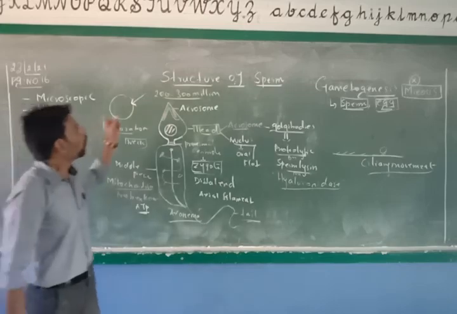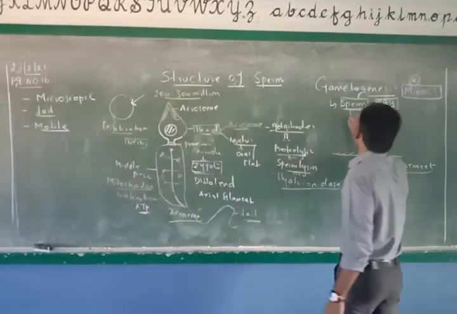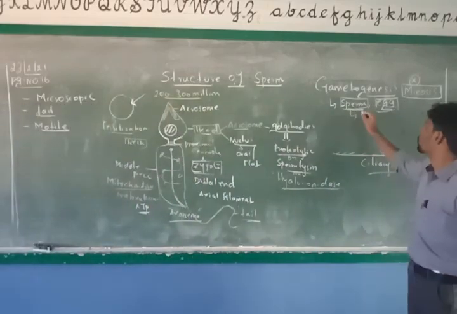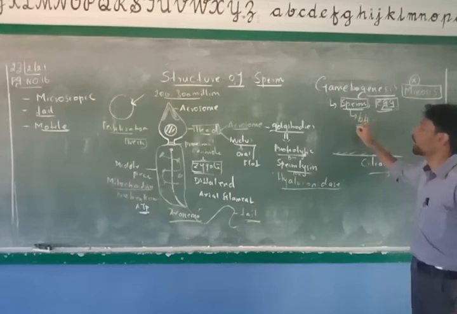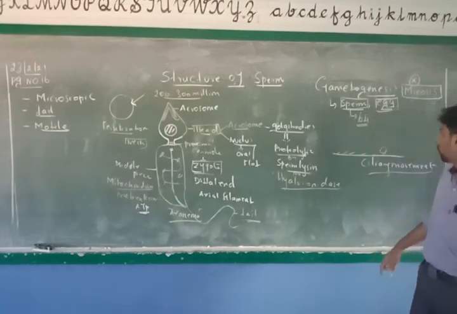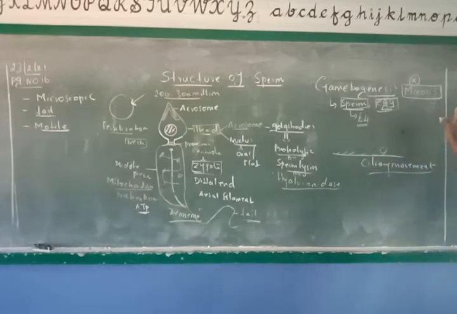Overall, spermatogenesis, the formation of sperm cells, actually takes 74 days, but in your book it is given as only 64 days. From the germinal epithelial cells at the top to the center, it takes around 64 or 74 days to complete.